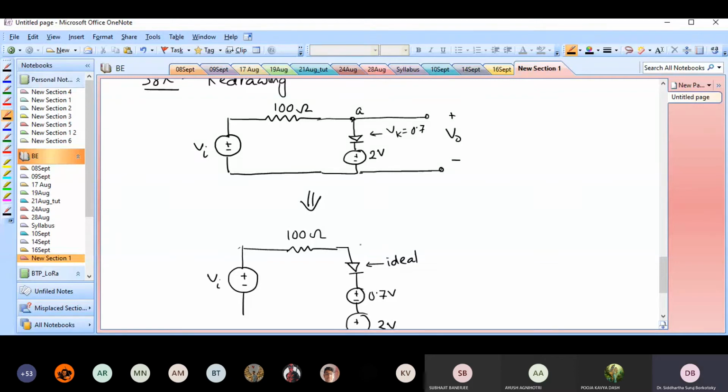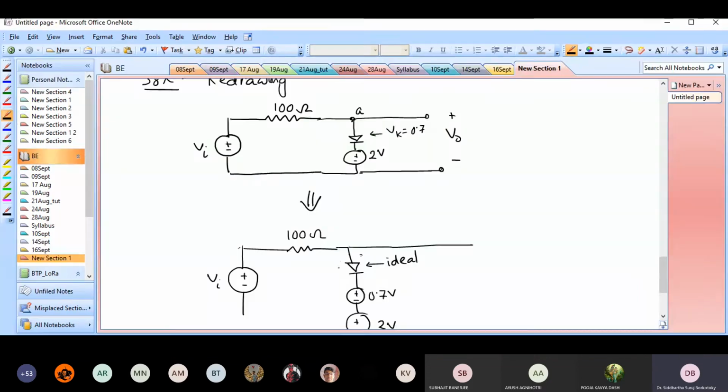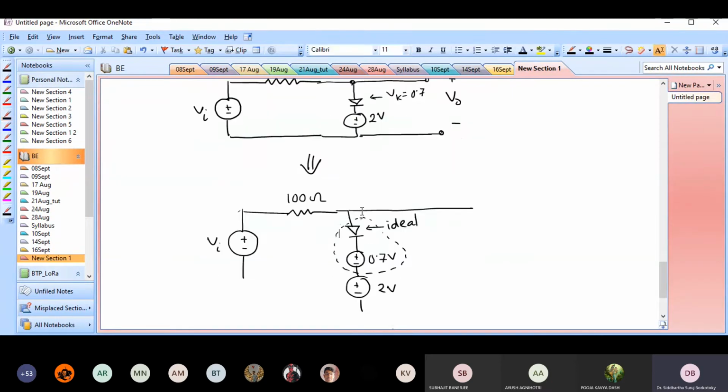Ideal diode. So basically the way I did was, I took this practical diode that had a barrier potential of 0.7 volts. Now I am replacing that practical diode with this series combination of an ideal diode and a 0.7 volt source. So this is our second approximation. If you go back to our old notes or into the textbook, you will see that this is our second approximation. So we draw it like this, and finally everything else remains the same.